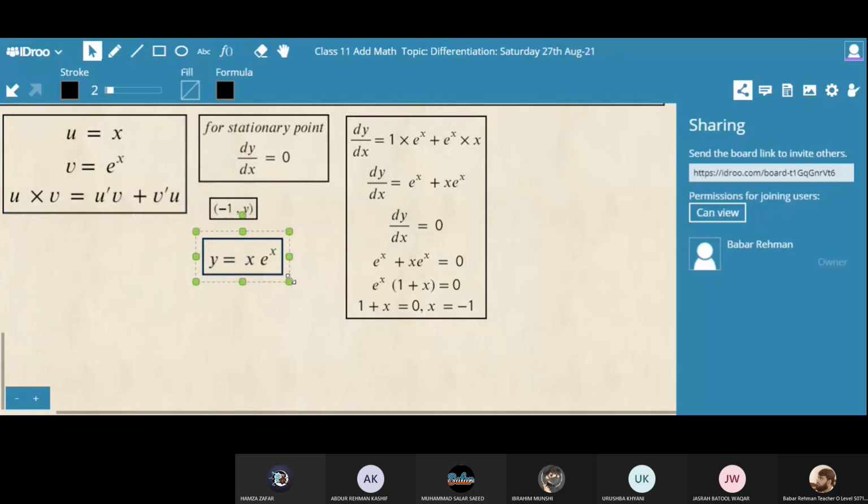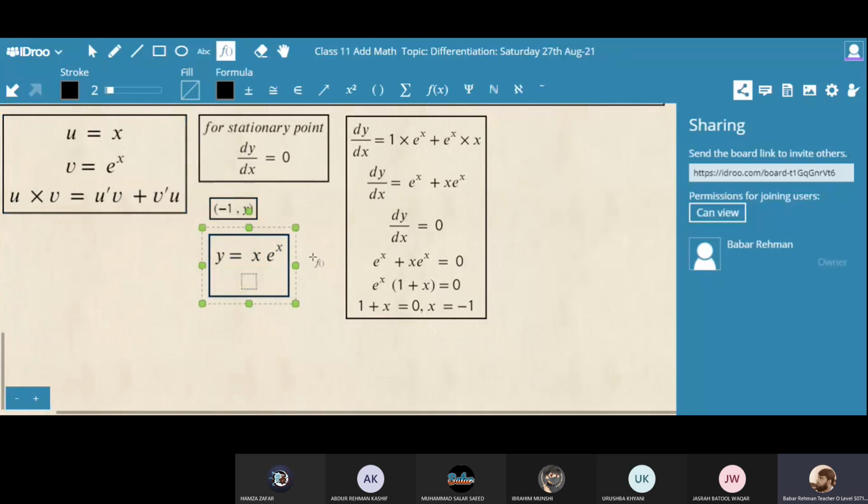Yes, substitute please. -1 e power -1. Okay, so y is equal to minus, can I write minus 1 upon e?